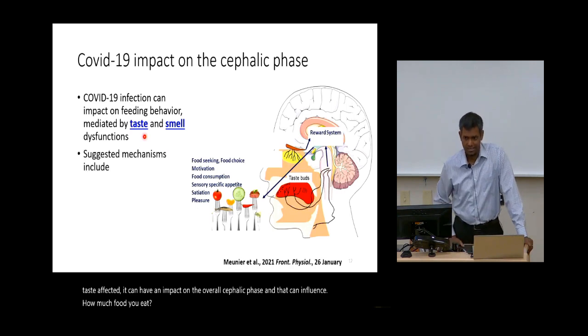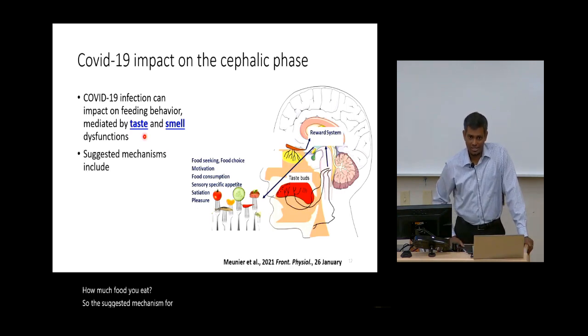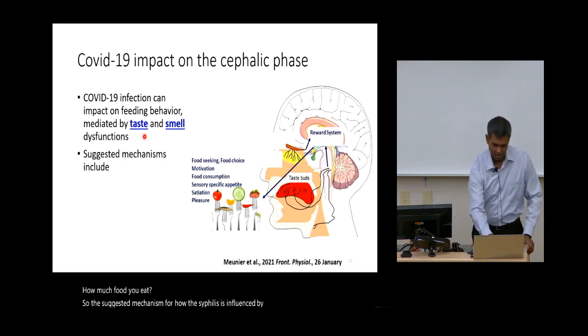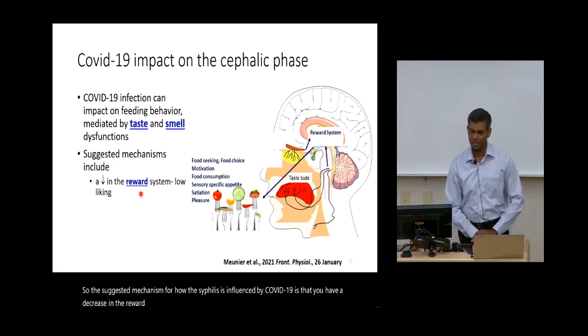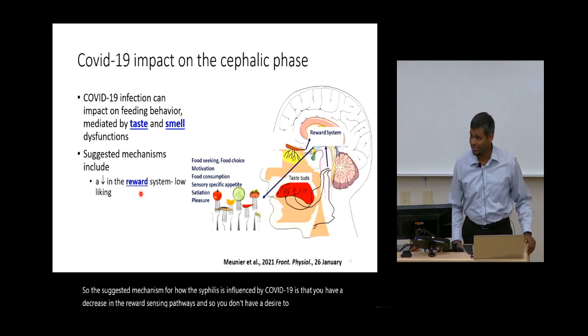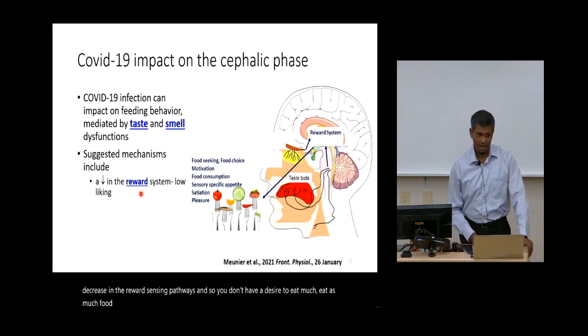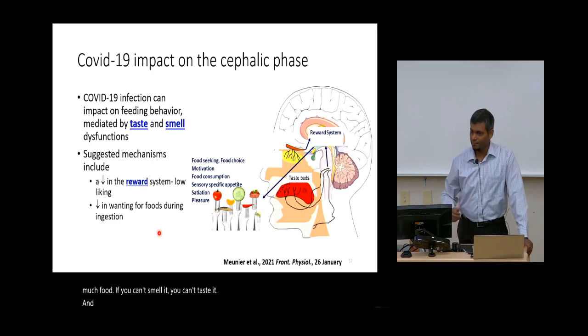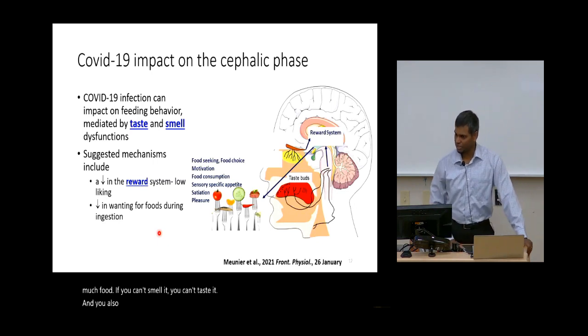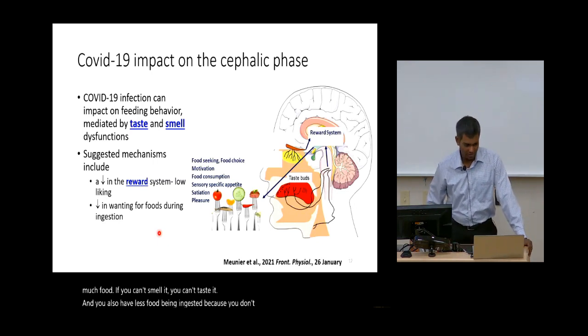So the suggested mechanisms for how the cephalic phase is influenced by COVID-19 is that you have a decrease in the reward sensing pathways, and so you don't have a desire to eat as much food. If you can't smell it, you can't taste it, and you also have less food being ingested because you don't have as much of a desire.